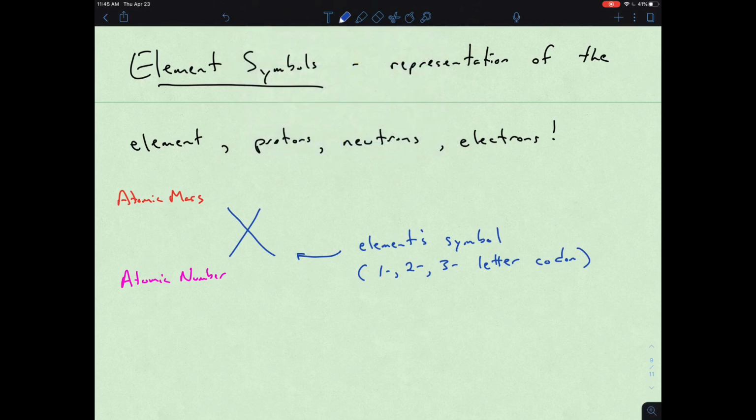So again, X here stands for element symbol. For example, carbon would be equal to C. Helium will be equal to He, etc.